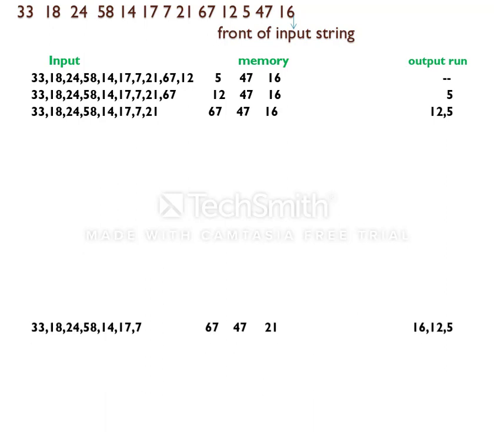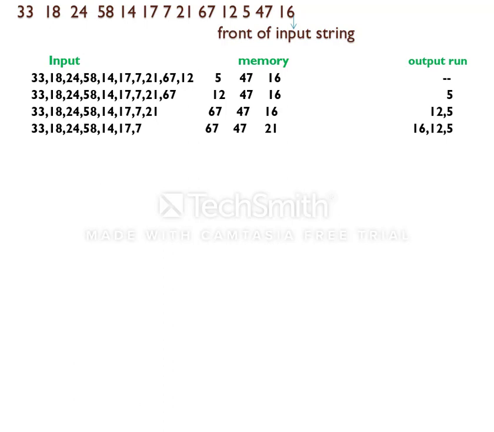Again, we compare the values in memory, that is 67, 47, 16, and 16 is the next key that is output, and 21 will fill its place in memory. Then after comparing 47, 67 and 21, 21 is the next output key which goes into the run, and 7 will fill its place.